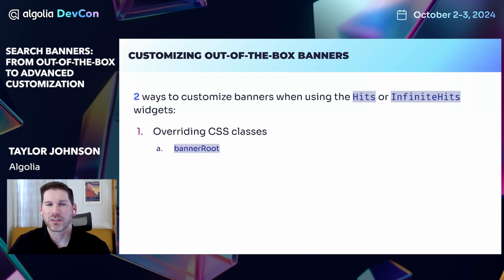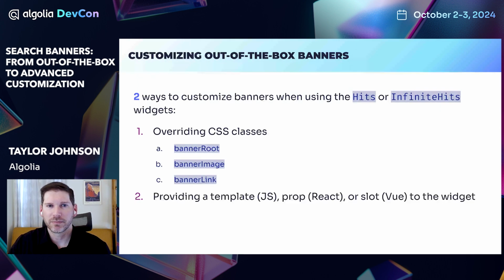Our API exposes 3 classes related to the banner root, the banner image, and the banner link. Additionally, you can provide a template, a prop, or a slot for JavaScript, React, Vue, respectively, to the widget to completely overwrite how that banner will appear. Take a look below for the link to our Hits documentation.